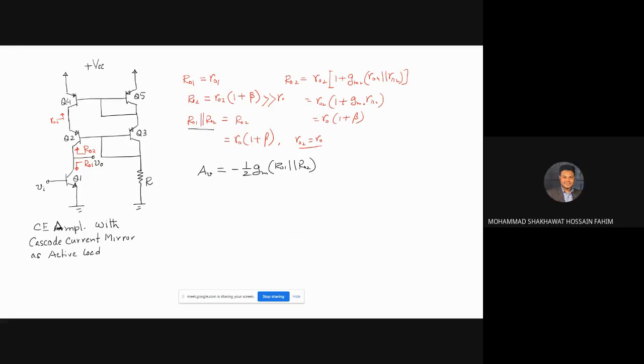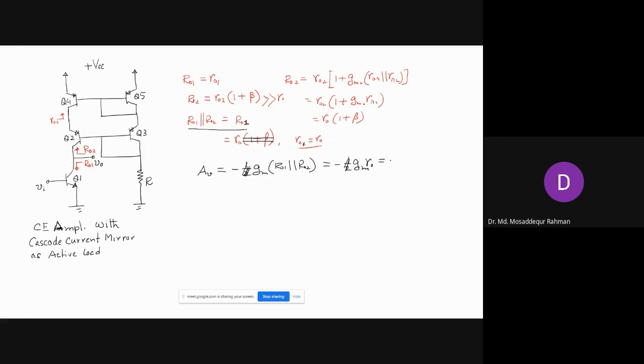Sir, this one. R not 1. Yeah, that's a mistake I made here. The parallel combination is R01, and R01 we can just write as R0. So that will be minus half gm R0. Is that correct? What did we get, half? We don't have it. So the voltage gain is minus gm R0. There is no half. Sorry.